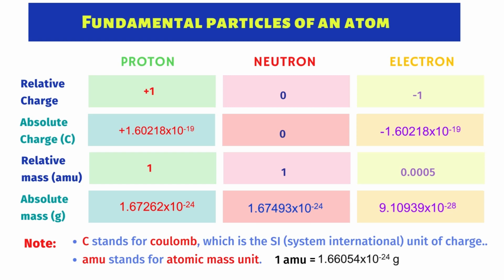Absolute mass, in gram. Mass of a proton is 1.67262 × 10 raised to power negative 24, while for a neutron it is 1.67493 × 10 raised to power negative 24, while for an electron it is 9.10939 × 10 raised to power negative 28.